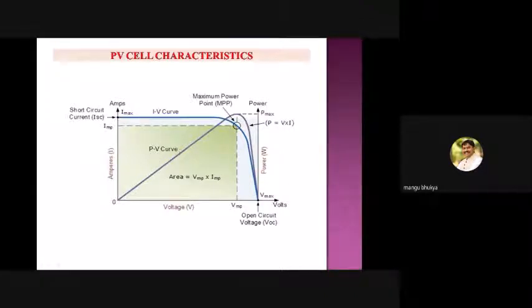So that is the PV curve I am analyzing. As voltage increases, power also increases, so the relation is directly proportional, until reaching the MPP. But beyond that MPP point, voltage increases but power drawn from the panel decreases, so inversely proportional. So to extract the maximum power, the first thing is what?